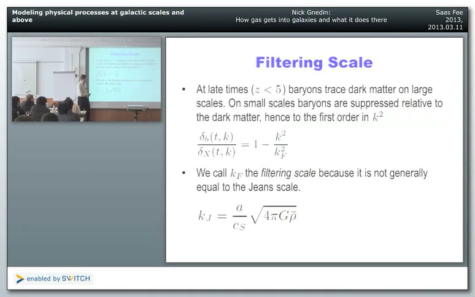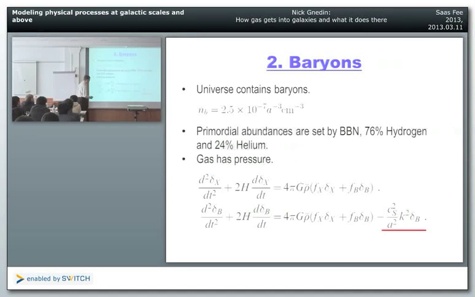That's actually very important. The Jeans scale is, by definition, the scale at which this right-hand side is equal to 0. This scale, in fact, is undefined in this form because you have fluctuations in dark matter and baryons. So if you actually didn't have any dark matter, only had fluctuations in baryons, this would be 1.